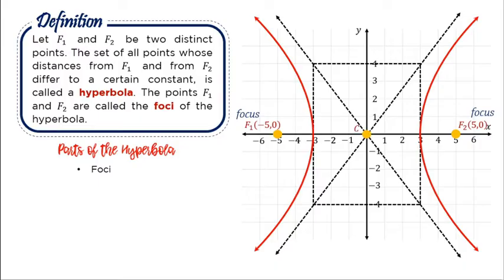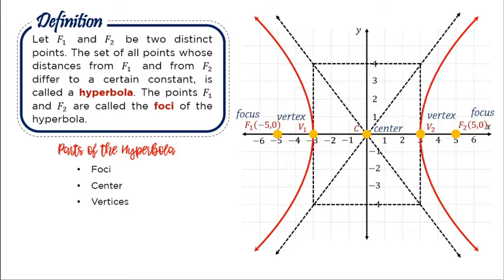We also have this point C in the middle of these 2 points. This is the center of the hyperbola. We also have these 2 points, V sub 1 and V sub 2, on the curve of the hyperbola. V sub 1 and V sub 2 are called the vertices of the hyperbola.